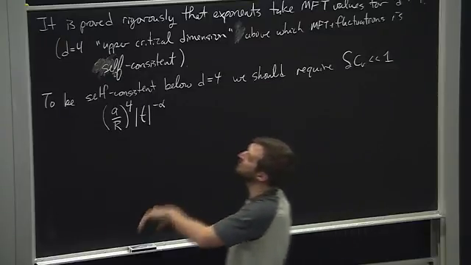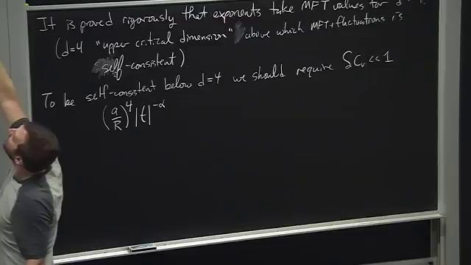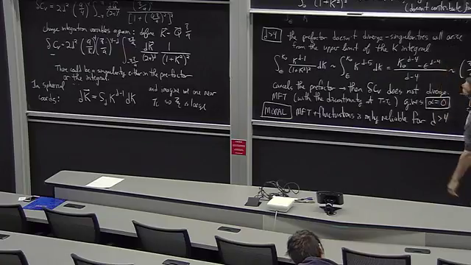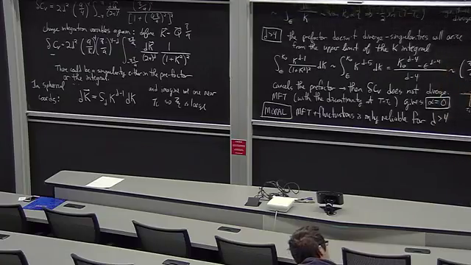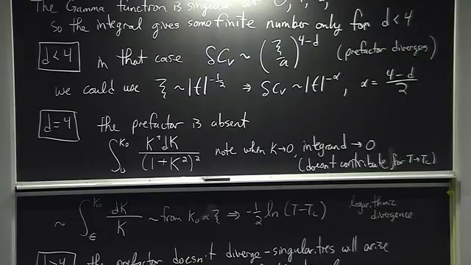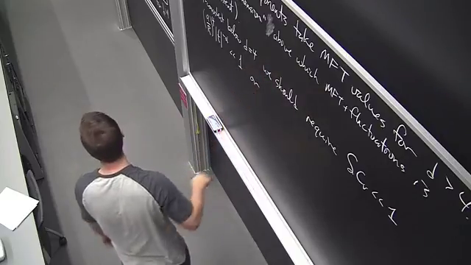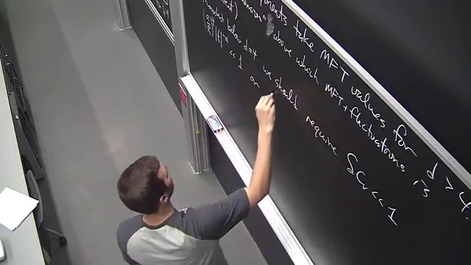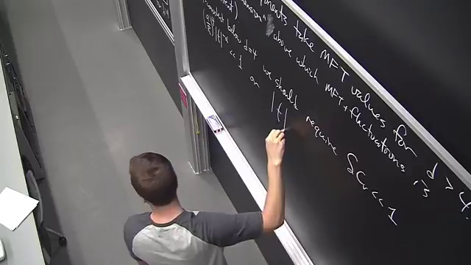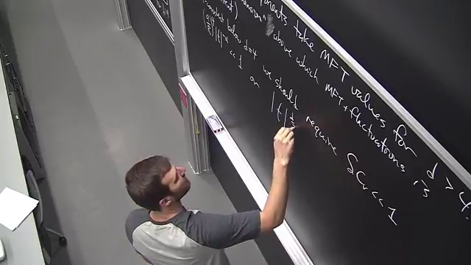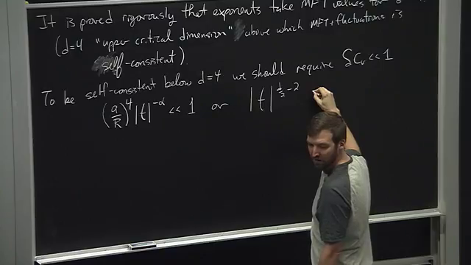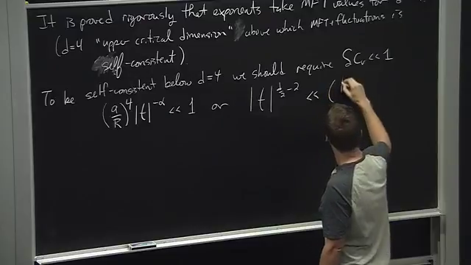It's all those gamma functions up top here. And then we just have things like 2D in front. So this is all we require. This thing has to be less than 1. Or putting in that value for alpha, it's t to the d minus 2, has to be less than.